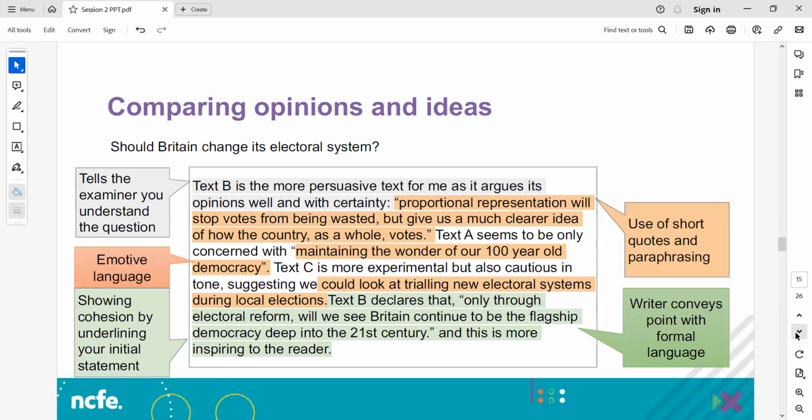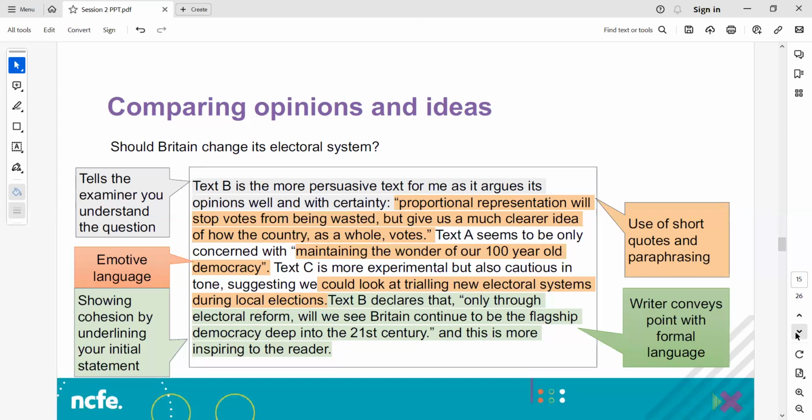So rather than writing the quote and then writing something like, and this persuaded me, and I agreed with this, the person who's writing their answer has made it more formal, less personal.